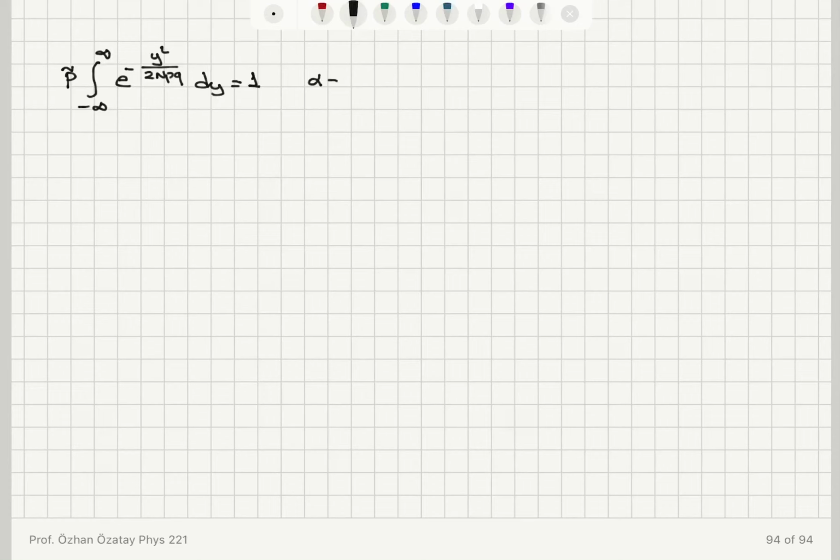Now if I call 1 over 2NPq alpha, then basically I have here p tilde times the integral from minus infinity to plus infinity of e to the minus alpha y squared dy. This has to be equal to 1.